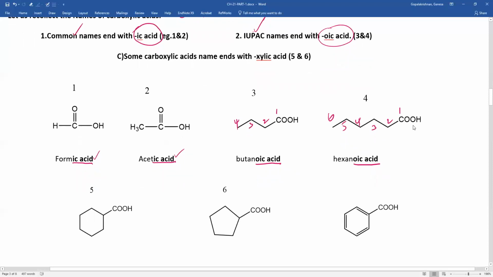We also saw in chapter 20, there are some carboxylic acids that contain the COOH group on the aliphatic ring, not an aromatic ring. This is an aromatic ring. So the 5 and 6 are the good examples.